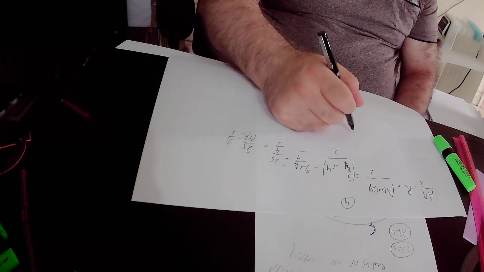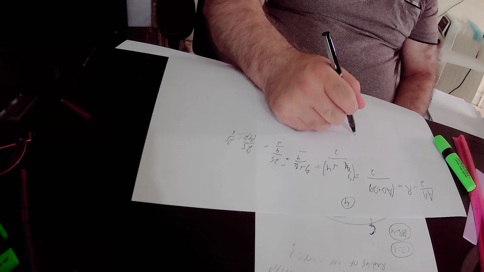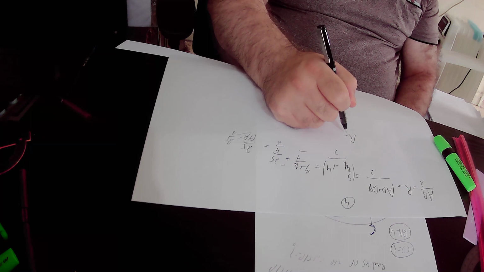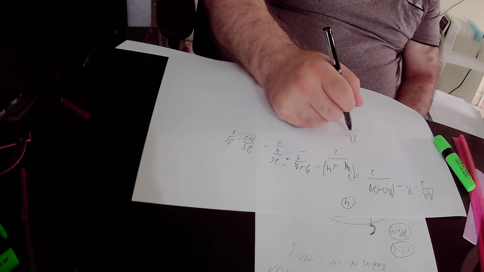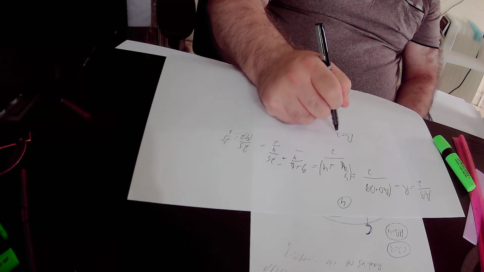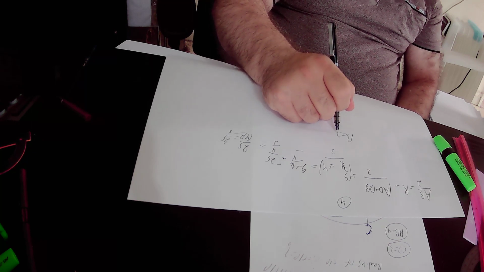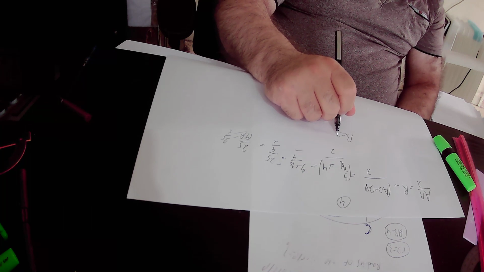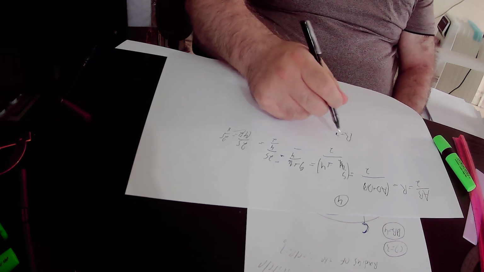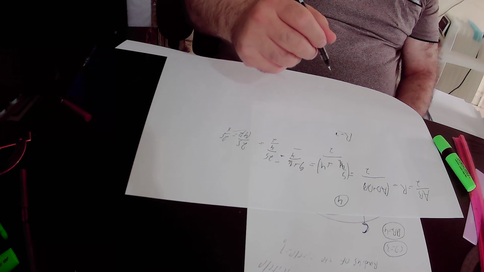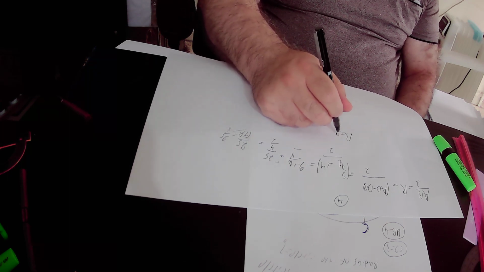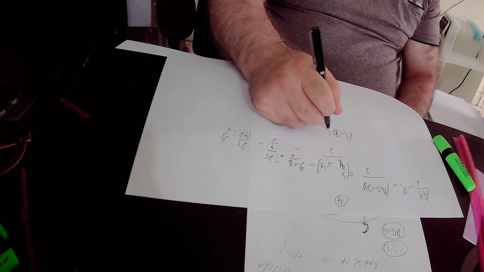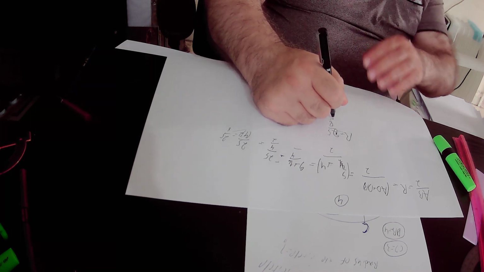So we found that capital R equals 25 over 8 units. Okay, the radius of the big circle, which is also the radius of the semicircles, is equal to 25 over 8 units.